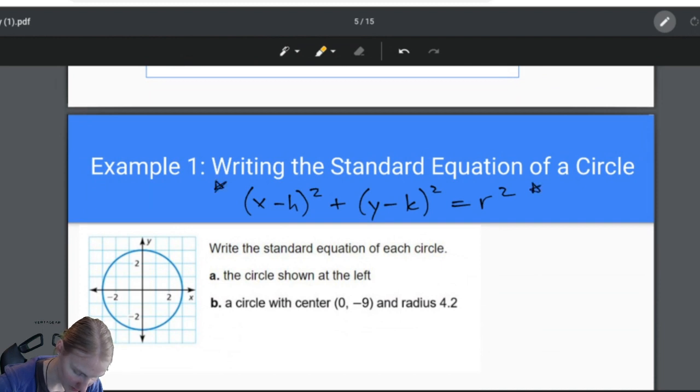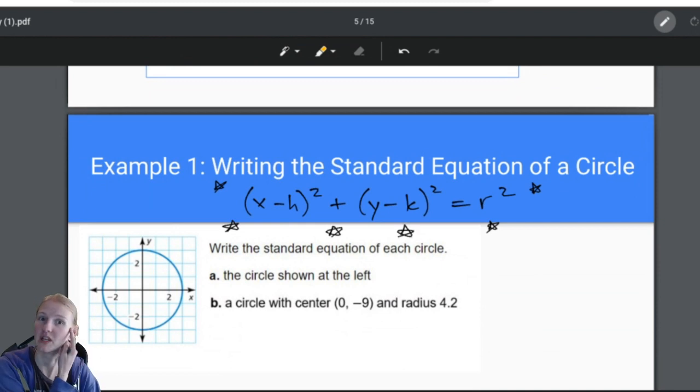With some little hearts and stars around, because this is the most important thing. Every example we do is going to use this, and I'm going to write this down at the top of every example we do. So, main takeaway is this formula right here.